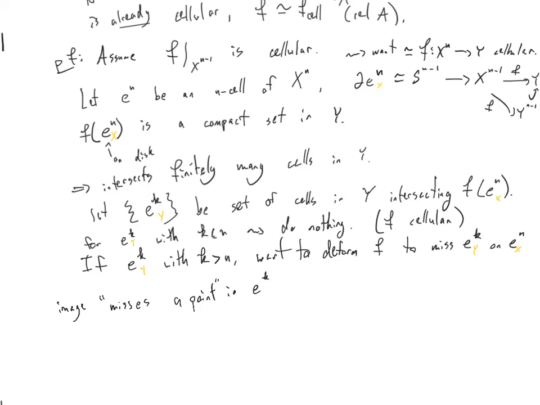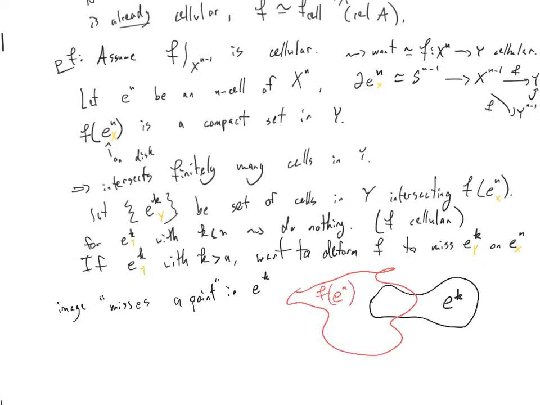So here's my loose picture of whatever this cell looks like. Here's E_k in Y. We have this image of E_n from X. This guy's in Y, right?